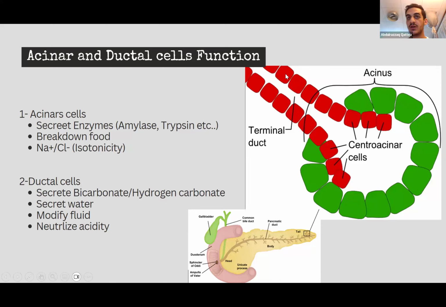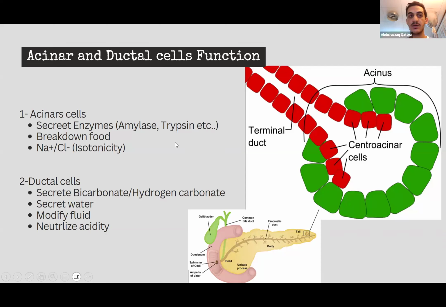The red cells are the ductal cells. The ductal cells do not do the same as the acinus. They secrete the base we talked about, which is called bicarbonate or hydrogen carbonate. There's no difference between the two. I saw Dr. Abdul-Jabbar talking about the hydrogen carbonate, but I will mainly talk about bicarbonate.